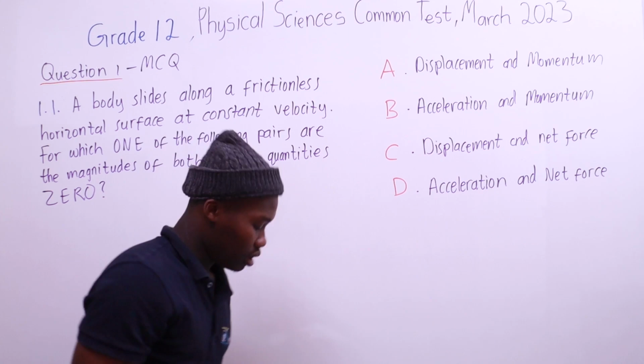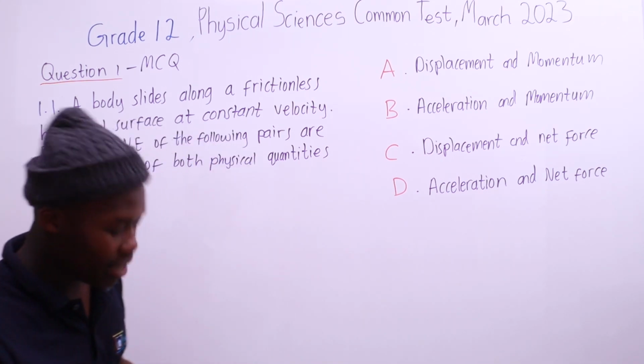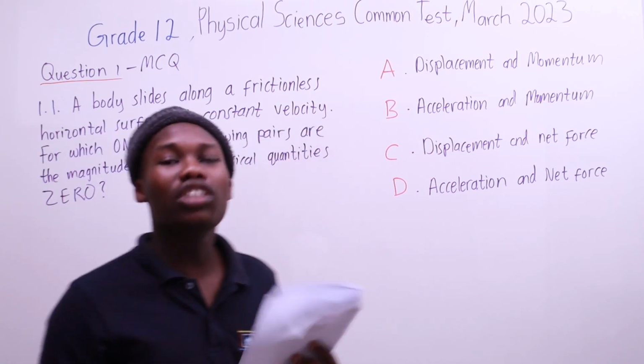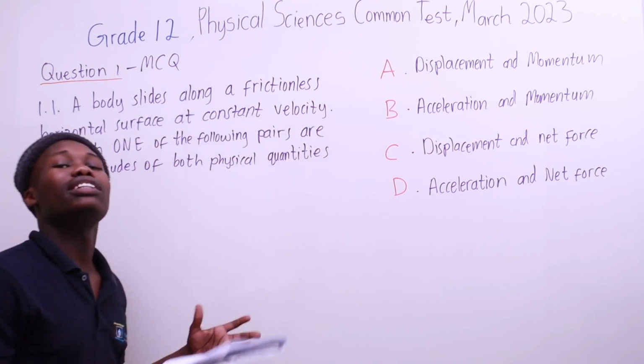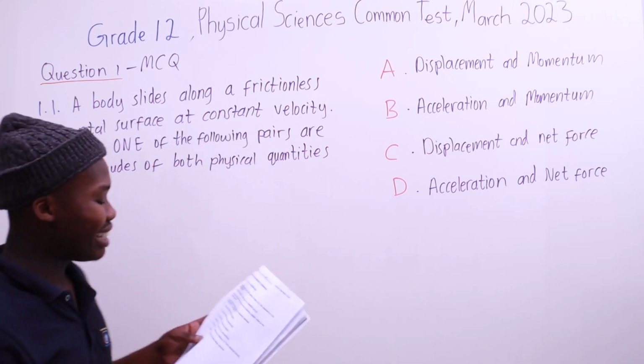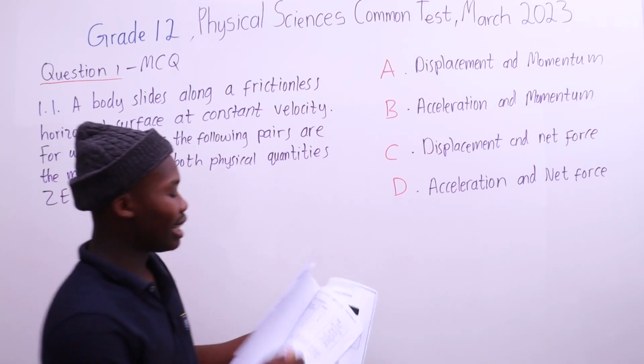Alright, so okulandela, so you may use a non-programmable calculator. Le case le oyisebenzisayo vele esikoleni iyona ezokusiza to answer ama questions of physical science. You are advised to use the attached data sheet. Ngasekugcineni kukhona i-data sheet le.